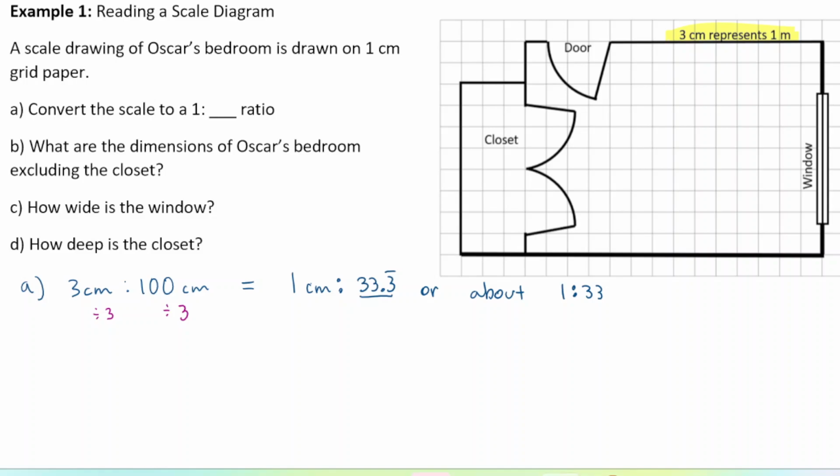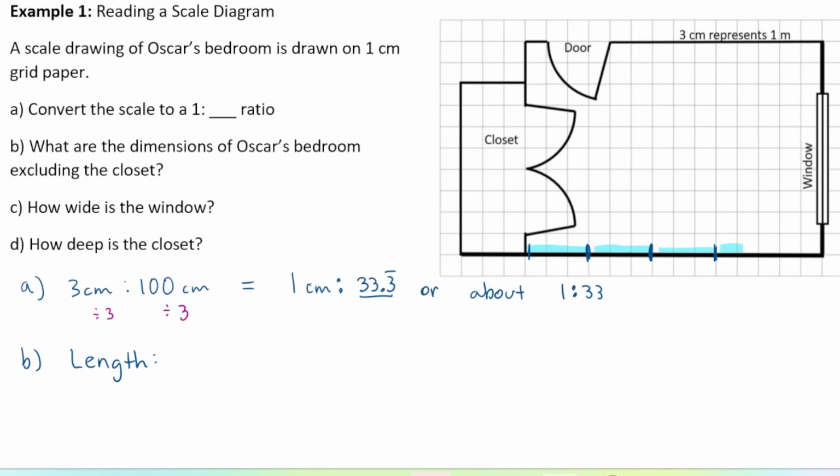What are the dimensions of Oscar's bedroom excluding the closet? So let's look at the length. Okay, I'm going to use highlighter so that we can read it. I'm going to erase this highlighter that I've already drawn here. So every time we have 3 centimeters, it's 1 meter. So that's 1 meter. And then we have another meter. And then we have another meter.